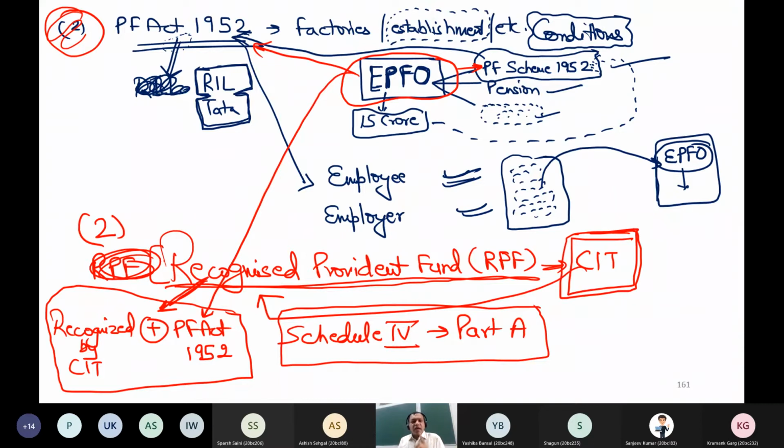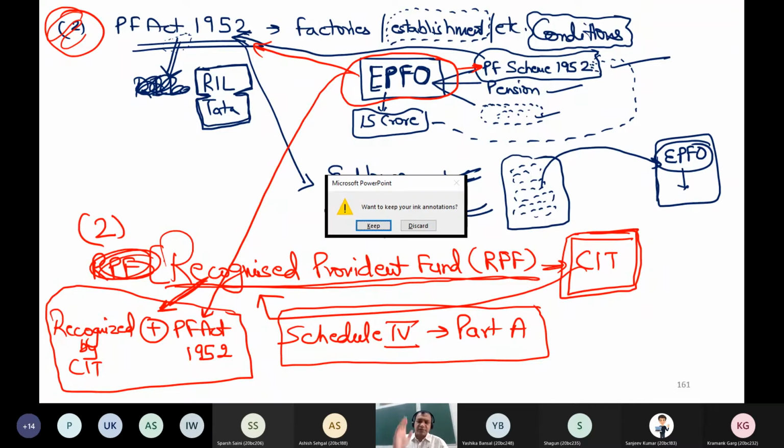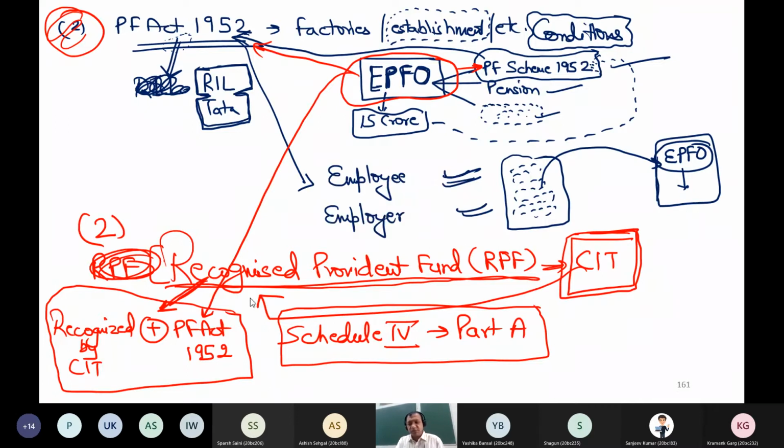Similarly, every provident fund which might not be a part of PF Act 1952, but for which recognition has been given by the Income Tax Department, that will also be called recognized provident fund. If you have understood this concept, please raise your hand.